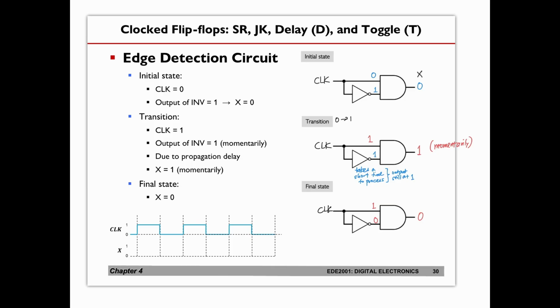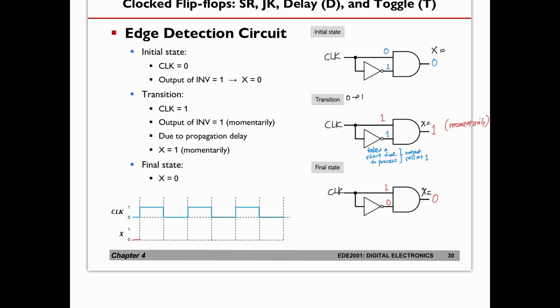So let's take a look at how the clock and the X, which is the output of this, let's call this output X, will respond. We want to trace how the X output will respond. When clock is 0, then the X is 0. Let's draw that up first. Then when clock goes up to a 1, there will be one moment when the NOT gate has not changed state yet.